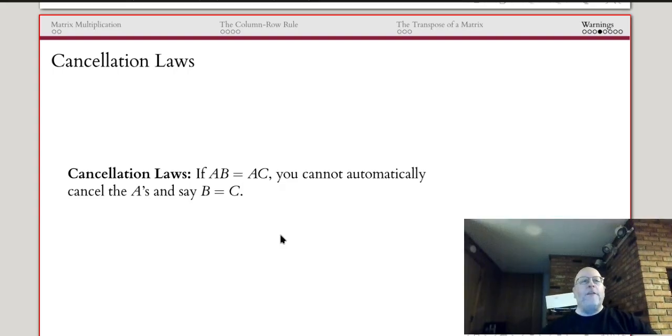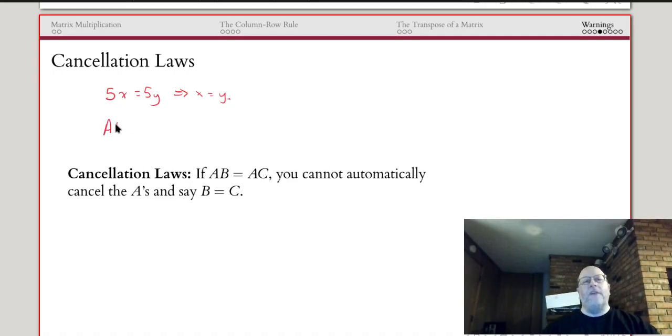Here's another law that doesn't quite work for matrices the way it works for numbers. For numbers, if we have the same coefficient on two sides, like 5x equals 5y, we can cancel the 5's and say that x equals y.